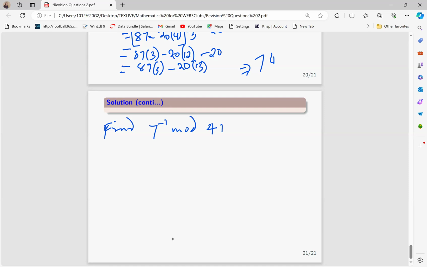Seven mod. So we're supposed to find the GCD of 7 and 41. So I don't think the GCD is 1. We're just looking at it because 7 doesn't go into 41. So there's a formula. So this GCD is 1. So you divide.